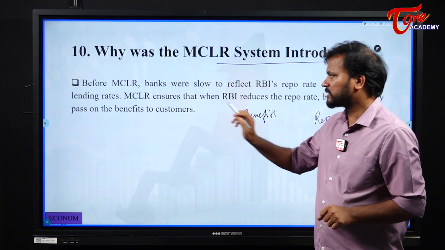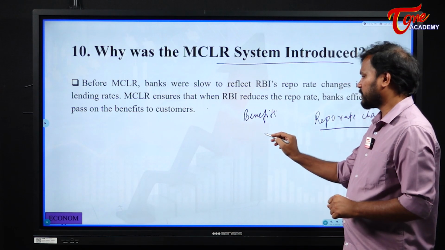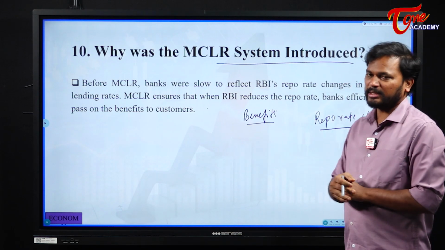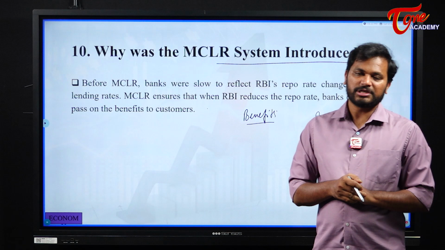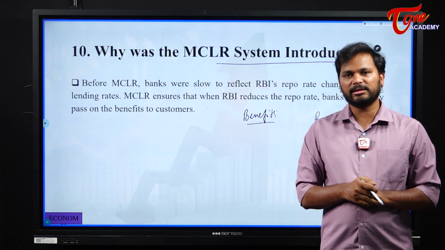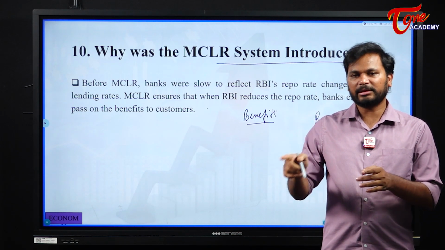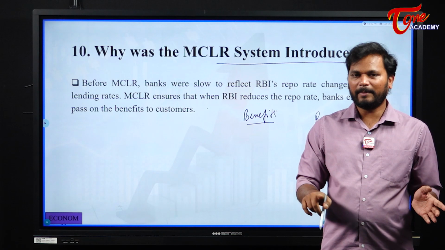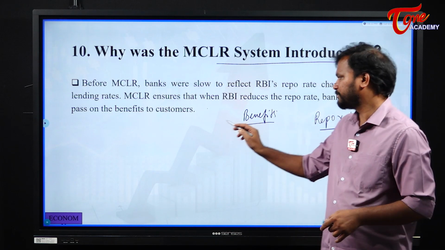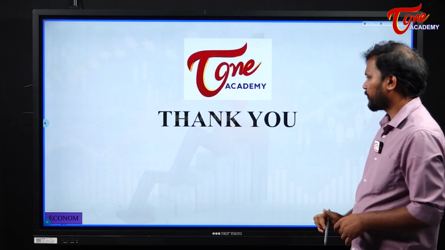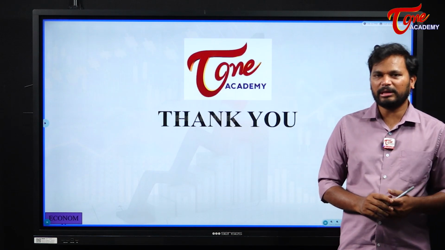That is the reason the MCLR was introduced. The benefits of the changes in the repo rate between the banks and the RBI should be reflected between the banks and the customers. Clear? Next. So this is with respect to the banking system.